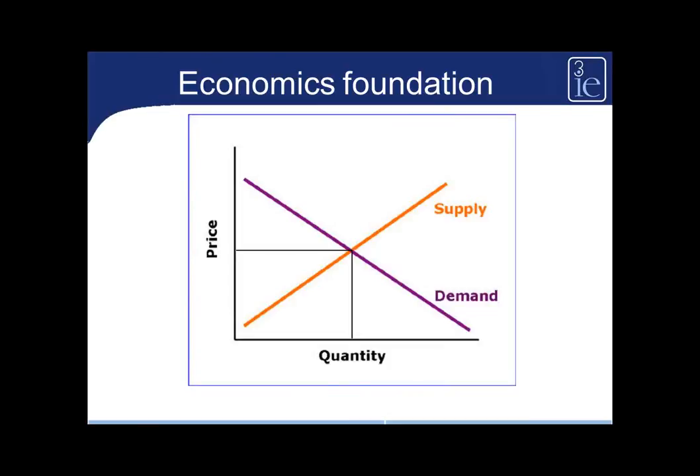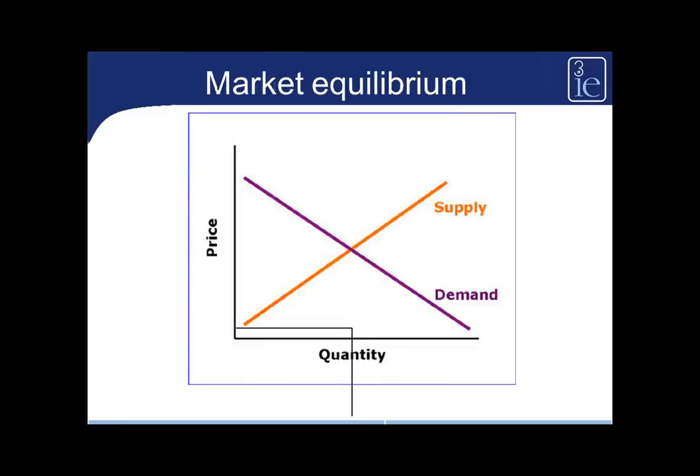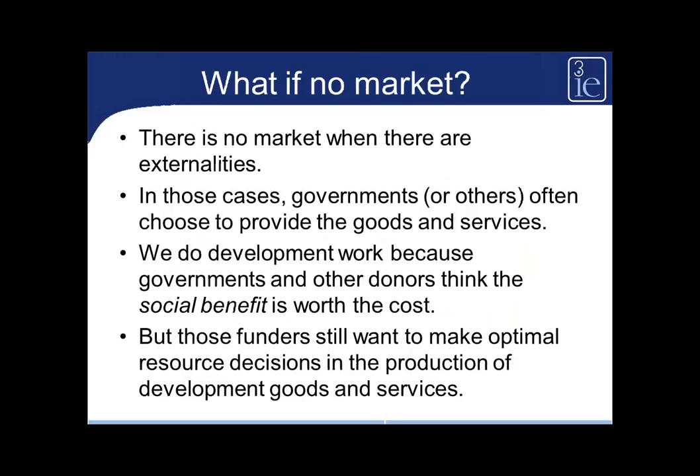So supply represents what producers are willing to provide, and demand represents what consumers, or we might think of as beneficiaries, want and how they value what they want. And the market gives us the information that we need to make the decision about how to allocate resources. And we can think about the supply curve as really representing marginal cost and the demand curve as representing marginal benefit. Okay, don't run away. See, it's gone. It's gone.